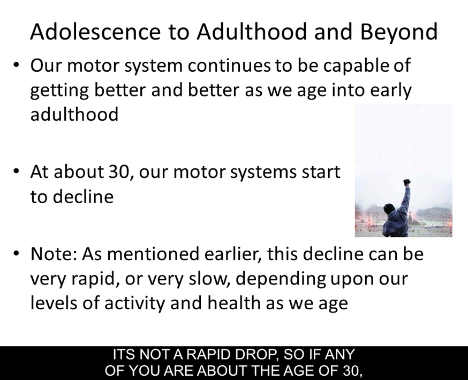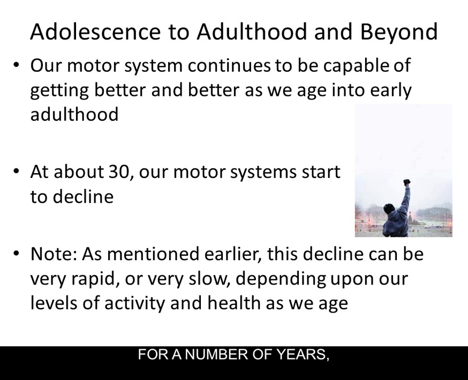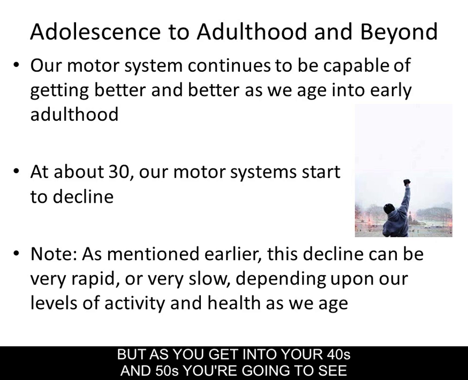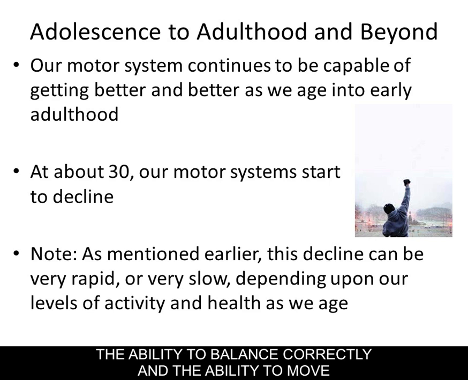It's not a rapid drop, so if any of you are about the age of 30, don't worry. You're still at the peak of your ability for a number of years. But as you get into your 40s and 50s, you're going to see a slow decline of your ability to coordinate things, the ability to balance correctly, and the ability to move as well as you did, or at least had the ability to move as a younger individual.